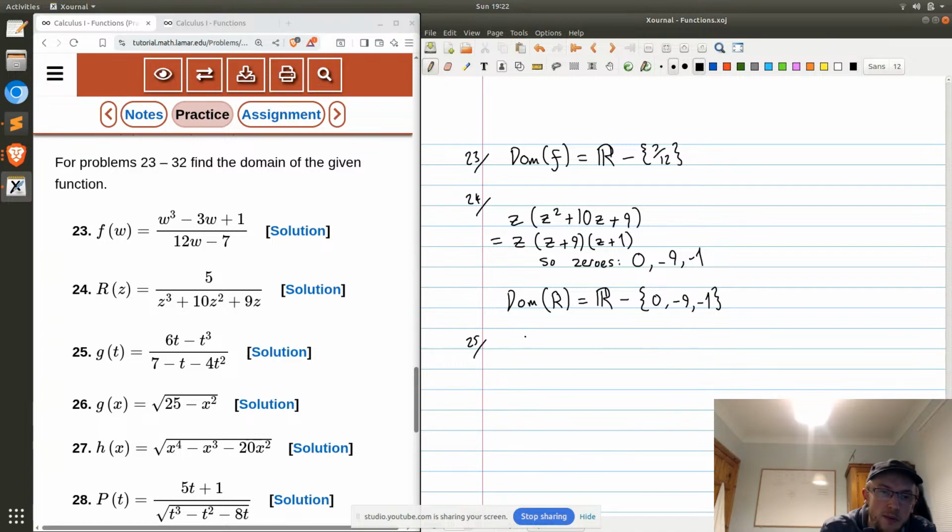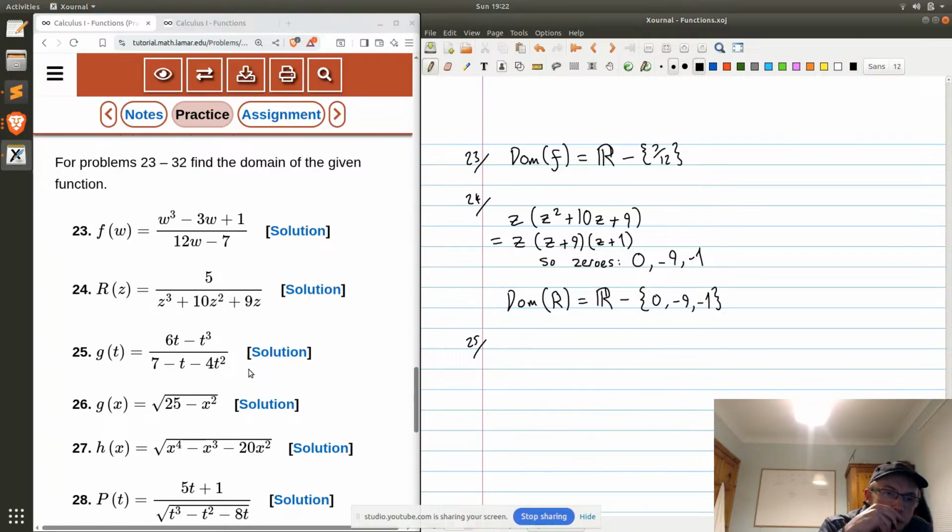And problem 25. Right, these are always kind of a pain to factorize. Wait, let me just do the discriminant upon this.